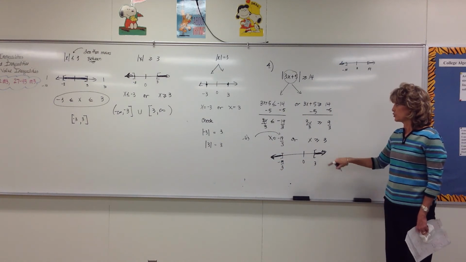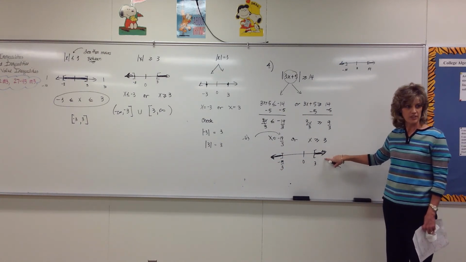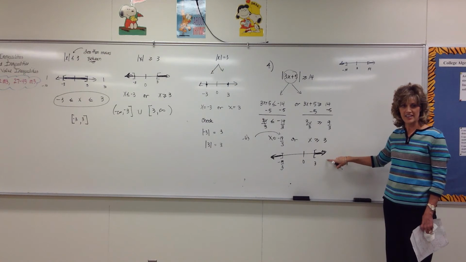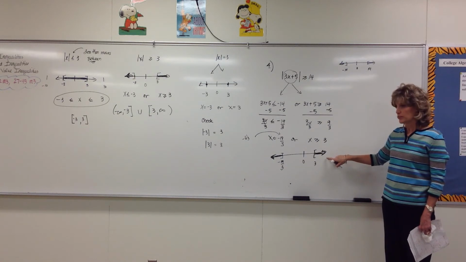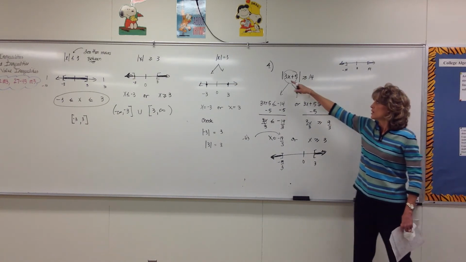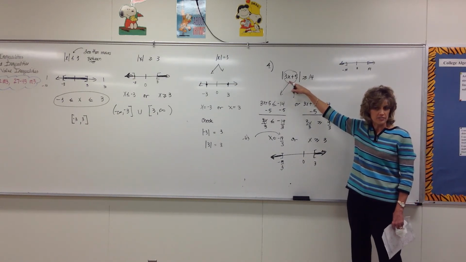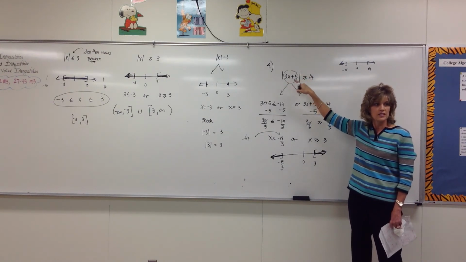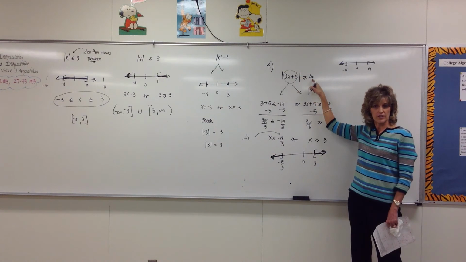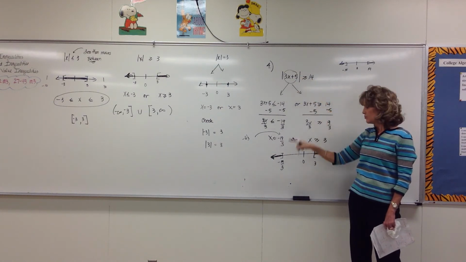Let's pick a number and make sure we're right. So let's pick something over here, like say 5. Y'all with me? You okay? So if we pick 5, 3 times 5 is 15. 15 plus 5 is 20. Absolute value of 20 is 20. Is 20 bigger than or equal to 14? Yes. Pick something over here.